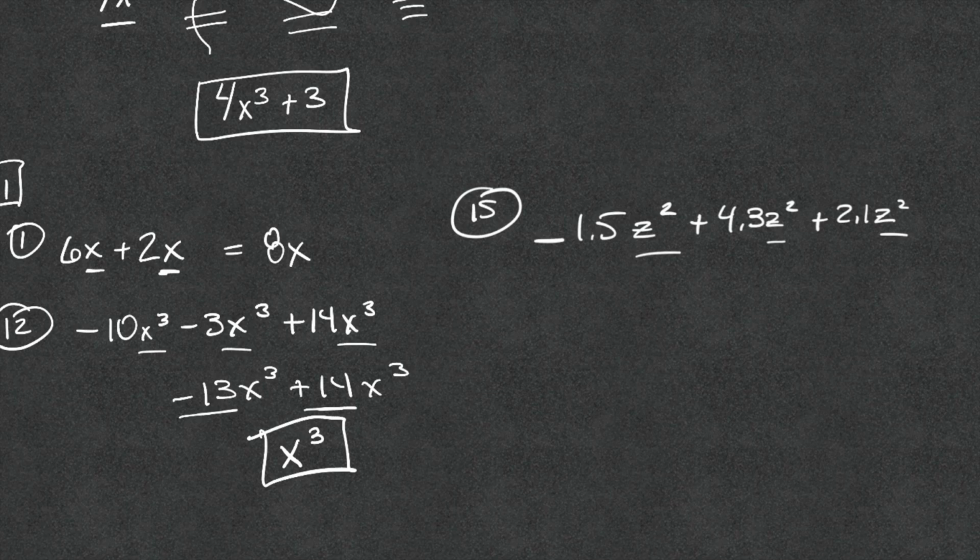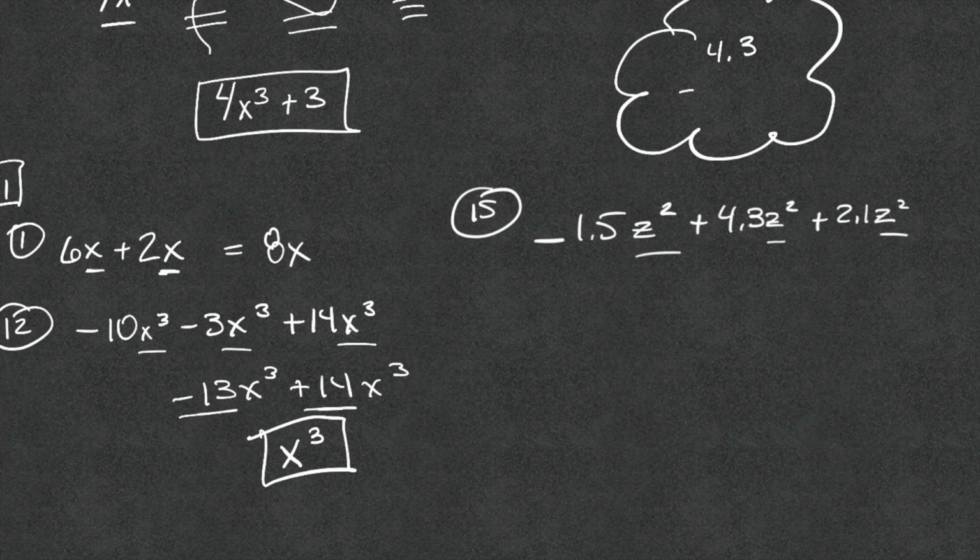And so we can just add left to right. We have a negative 1.5, and we're adding 4.3. What we're thinking here is that basically we have 4.3, and we could subtract 1.5. When we do that, we wind up with 2.8.